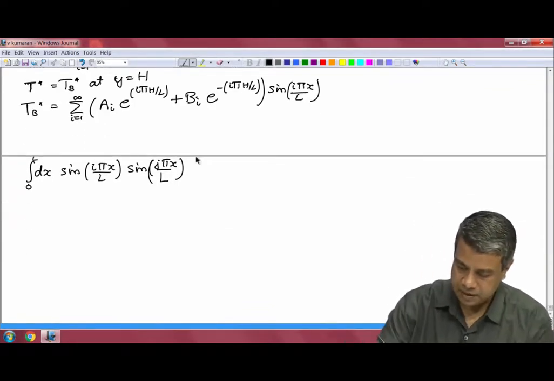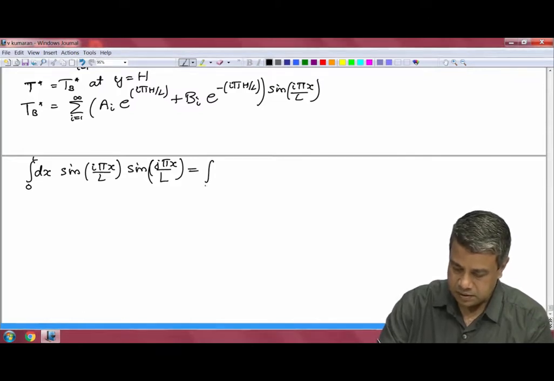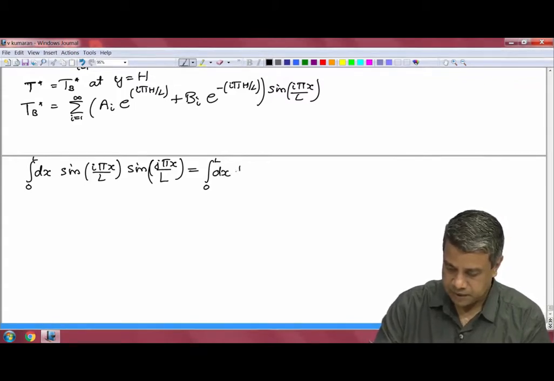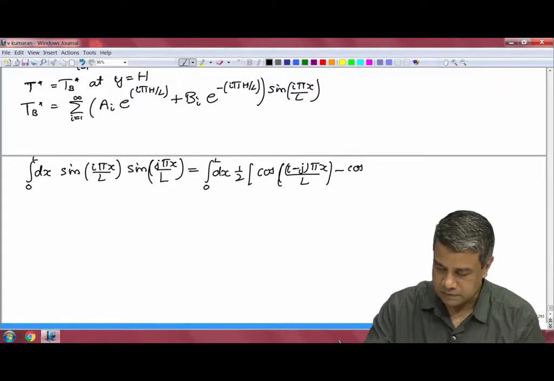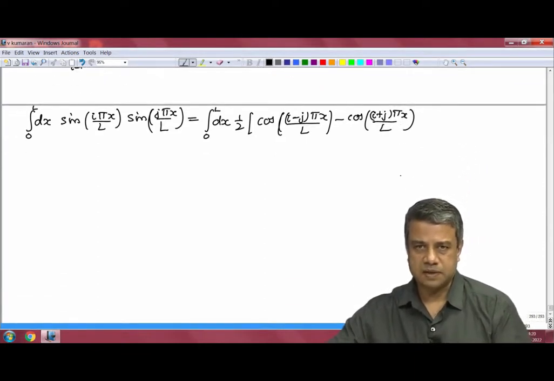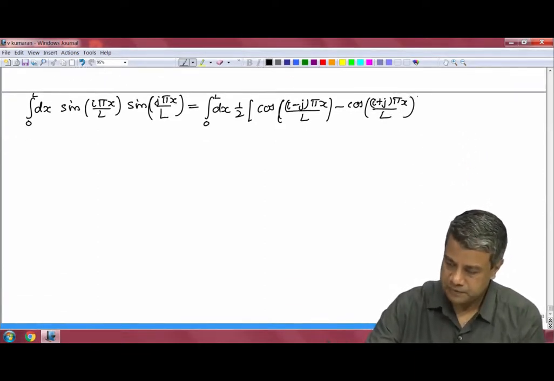You can use a trigonometric identity to write this as dx into half of cos of (i minus j) pi x by L minus cos of (i plus j) pi x by L. We had seen this before, I am just refreshing your memory.